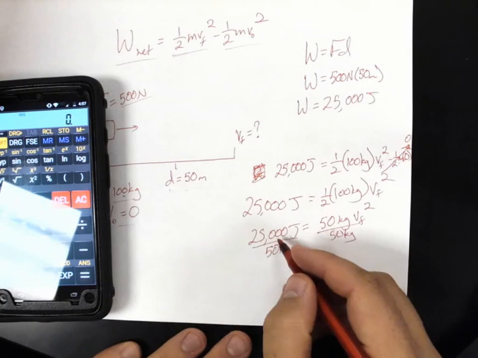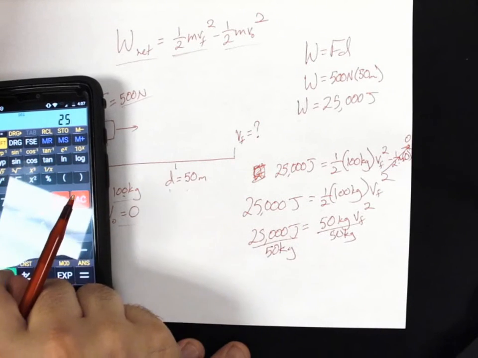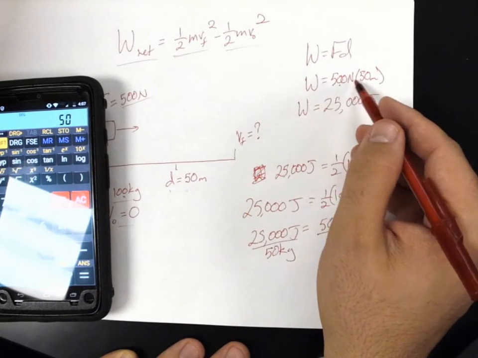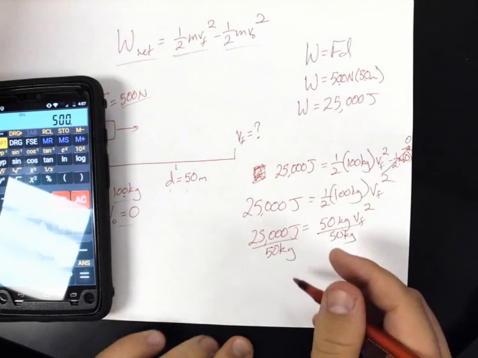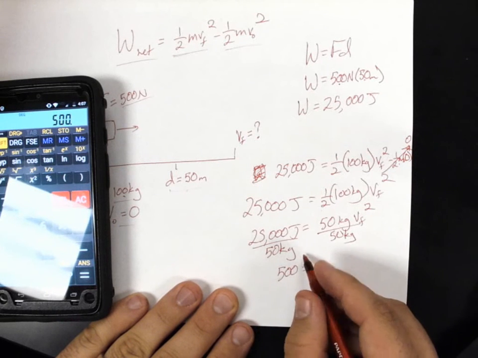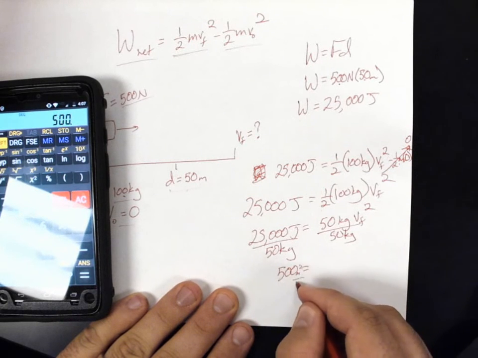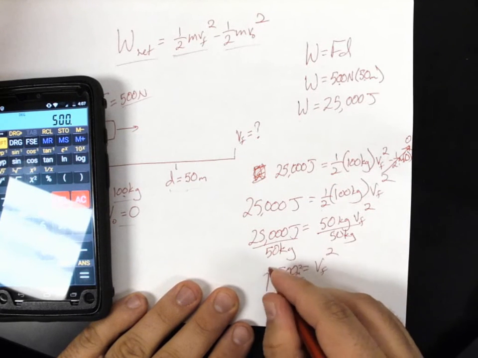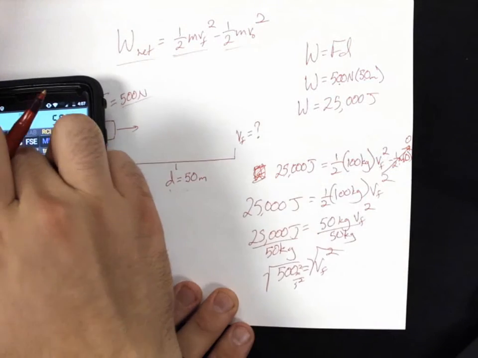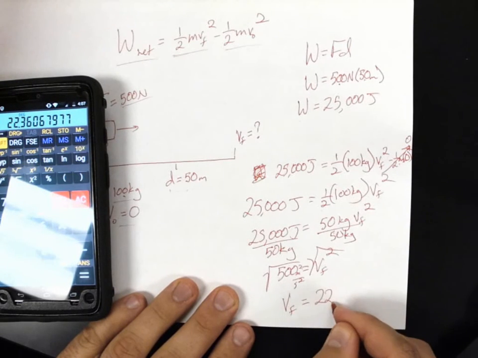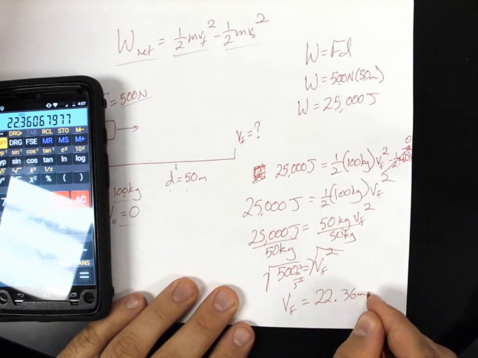Now, we could put this into our calculator, 25,000 divided by 50, but if you are an astute observer, you'll remember that 500 times 50 is 25,000, so the answer is going to be 500. So 500 equals VF squared, in meters squared per second squared, due to the units canceling. Take the square root of both sides, and you get a final speed of 22.36 meters per second.